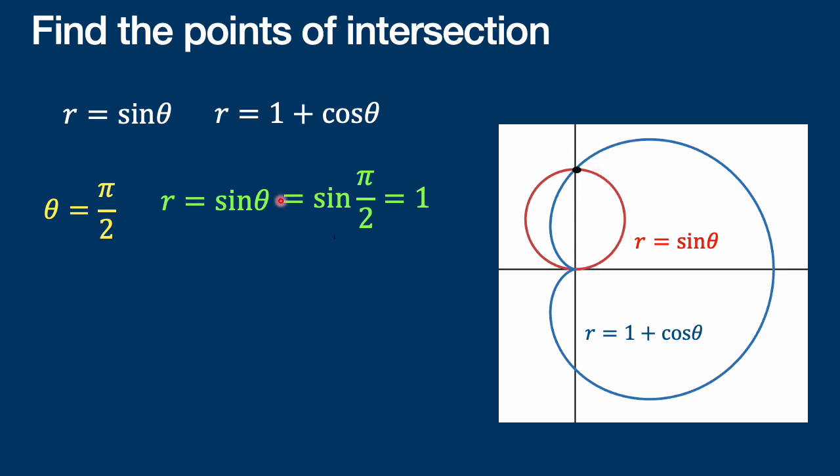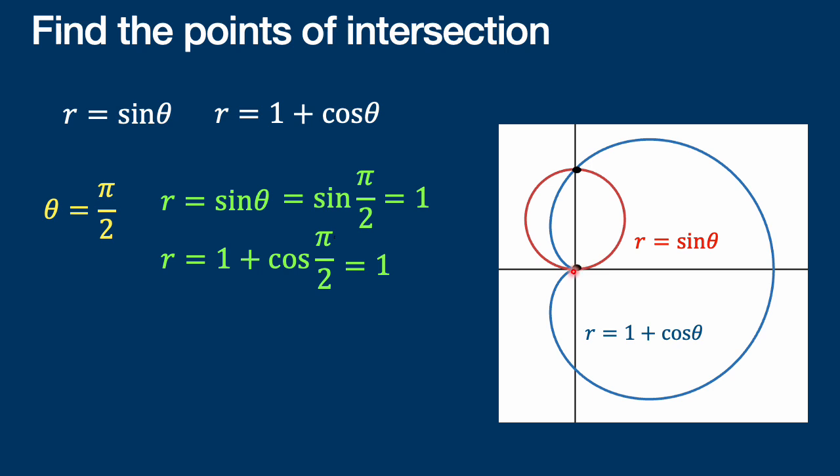The second polar equation, r is 1 plus cosine pi over 2. Cosine pi over 2 is 0, so that's 1. So at theta equals pi over 2, the r value is the same. That's the intersection point.